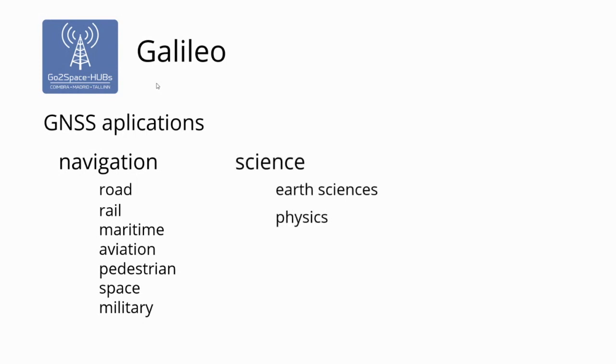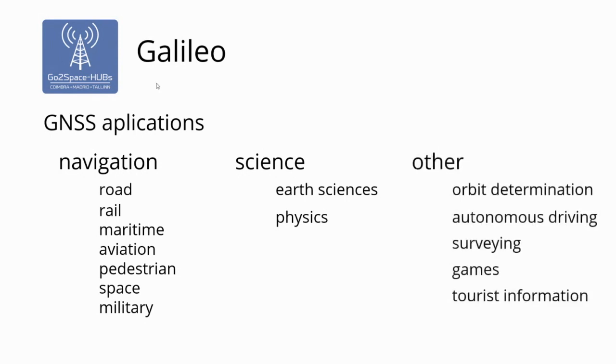But also for science, Earth science, since we can monitor changes of the shape of the Earth, etc. But also surveying, of course, and games. There was a very popular game called Pokemon Go a few years ago, which was based on this global navigation satellite system as well.